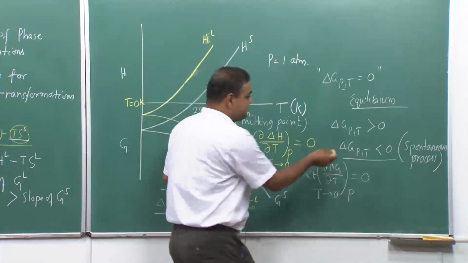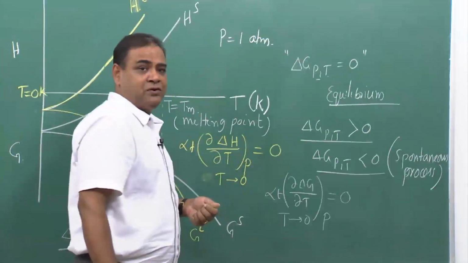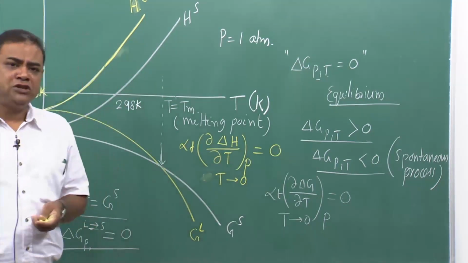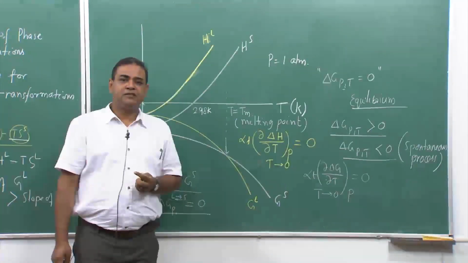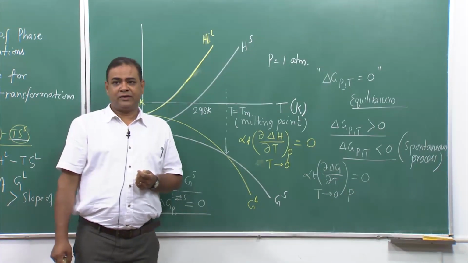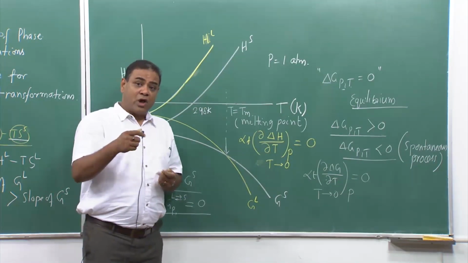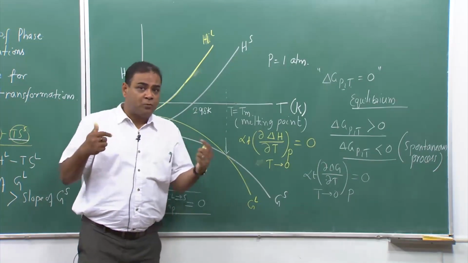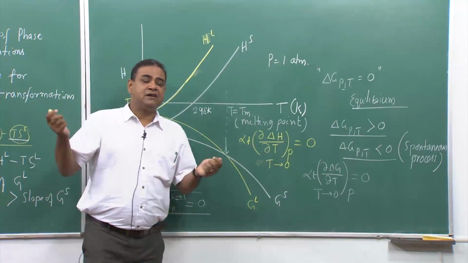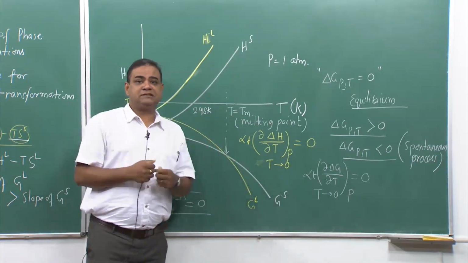But if this is greater than 0, we would say that the process is non-spontaneous, that means it is not possible. Okay? Now, when we say that it is possible or not possible, we are not incorporating any external stimulants.